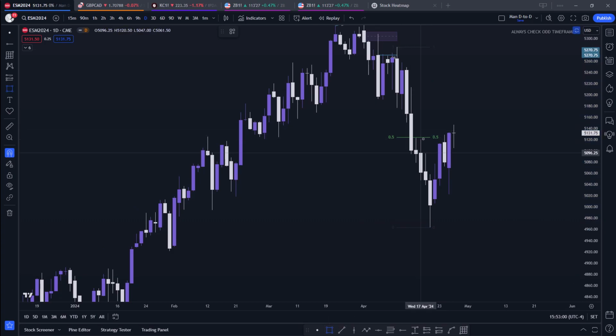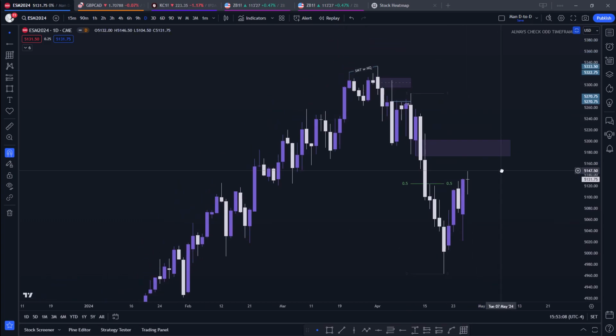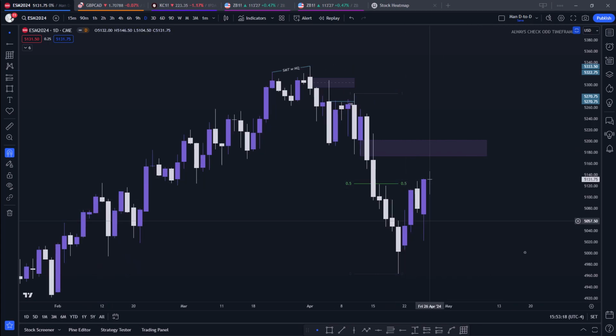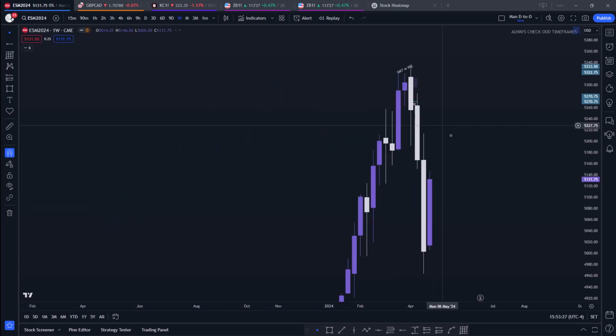So if we are actually going to expand higher on E-mini S&P 500, I'll be paying attention to this other block yet again. I know we've traded into it before here, but there's a likelihood that we could just tap into it one more time, then continue lower. But of course, I'm supporting lower prices, and the same condition applies. I would like to see a market structure shift from an hourly or 4-hour time frame.